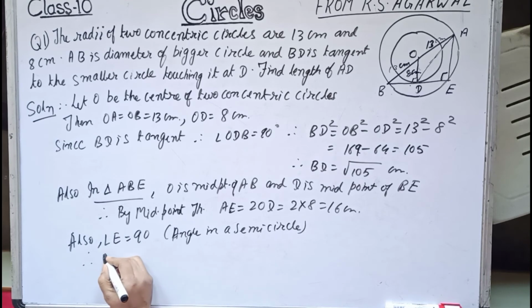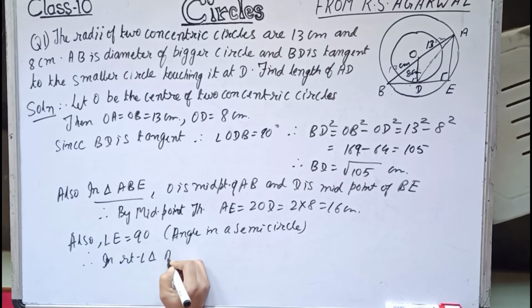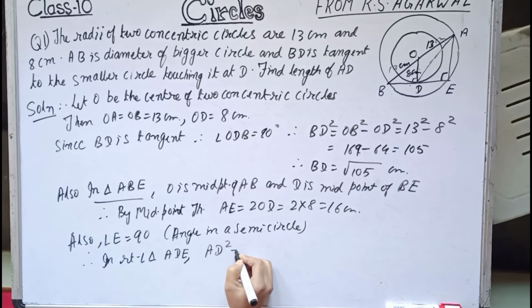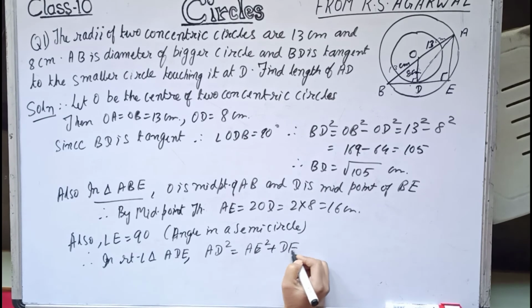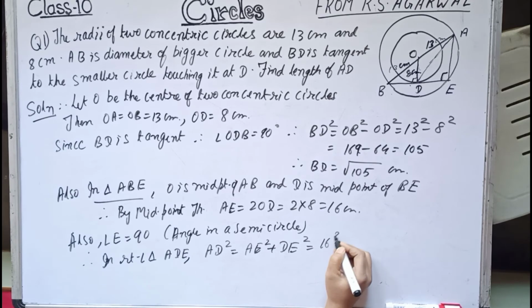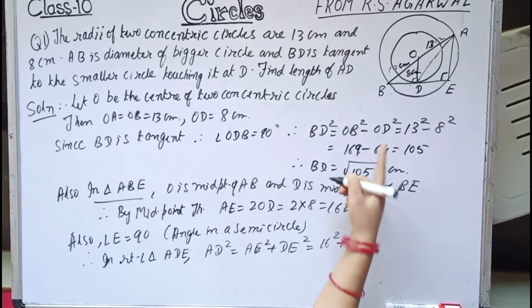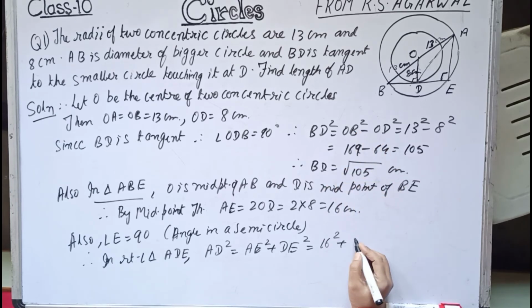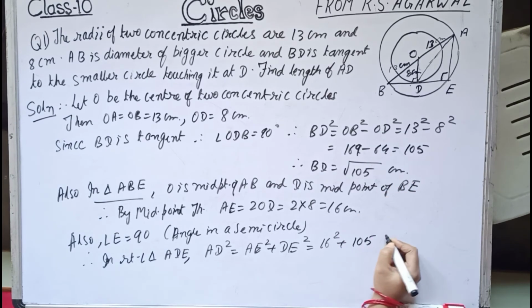Therefore in a right angle triangle ADE, AD square equals to AE square plus DE square equals to 16 square, and DE value we have calculated. DE equals to BD. So BD square is 105, so DE square also will be 105.